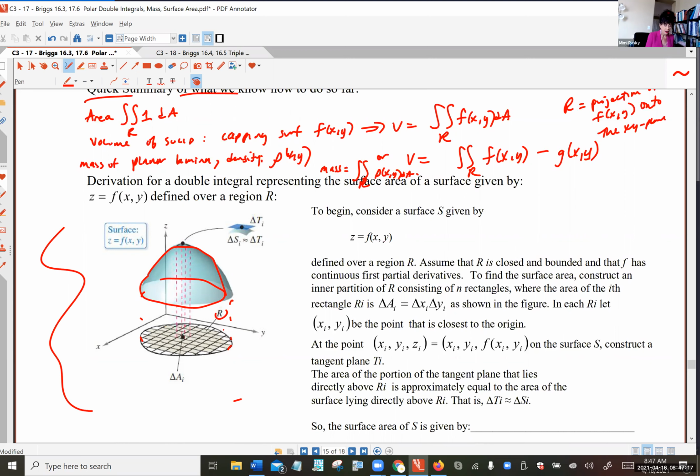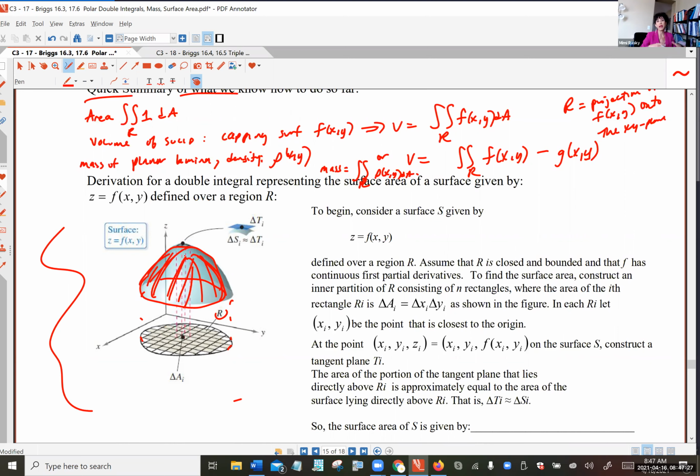We don't want to find the volume now. We actually just want to find the surface area of this capping surface. If we had to lay some wrapping paper just to cover up that capping surface only, how much square footage of wrapping paper would we need? That's surface area, not volume, surface area.